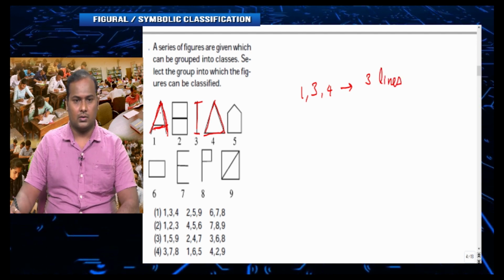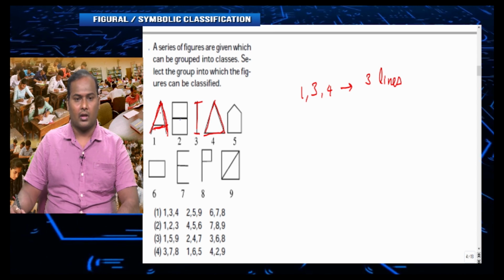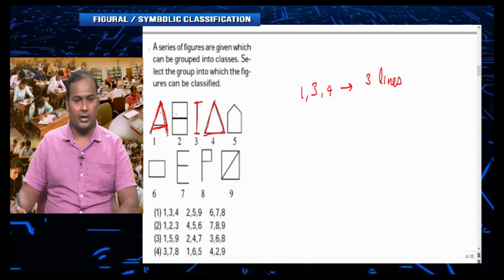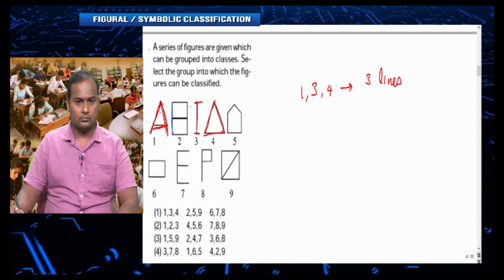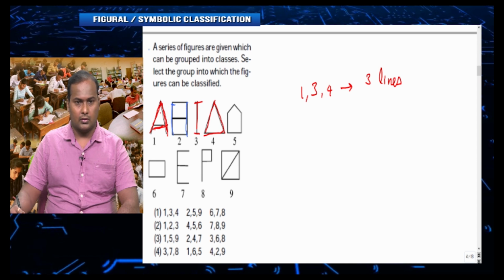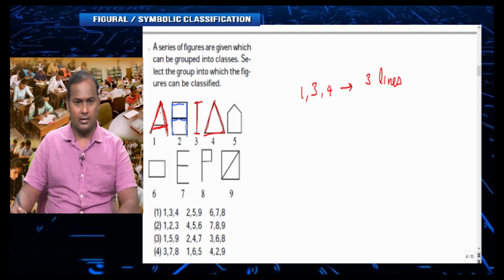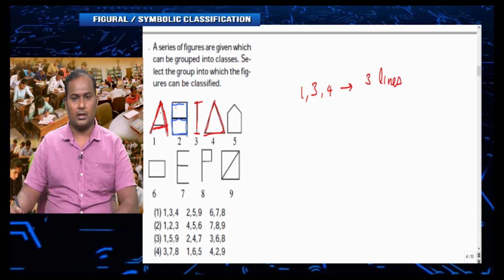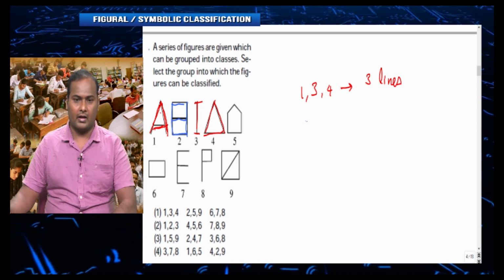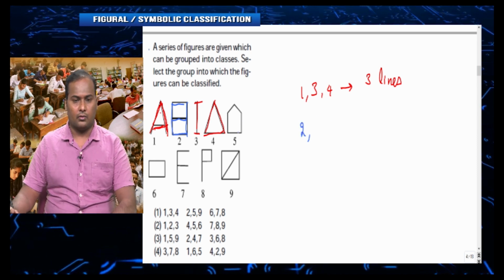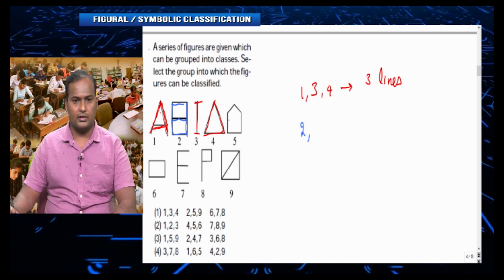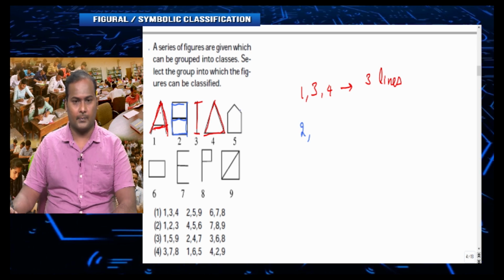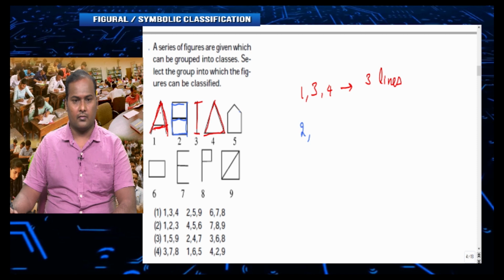Now see the second question. In the second figure, how many lines are there in total? 1, 2, 3, 4 and 5. Total 5 lines. So check other figures where you can see 5 lines. Figure 5 is 1, 2, 3, 4, 5. Here also I can see 5 lines.